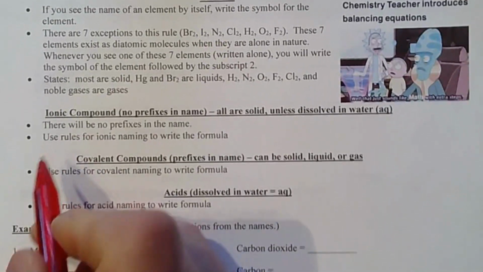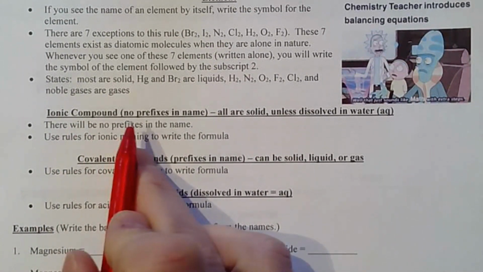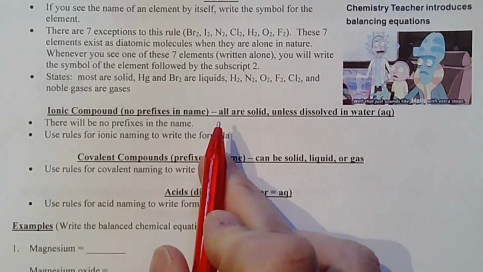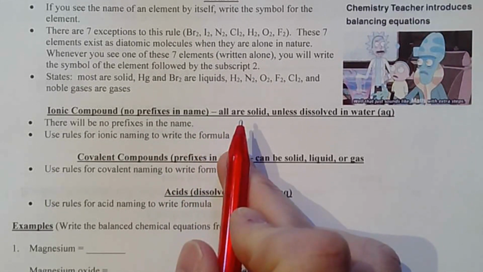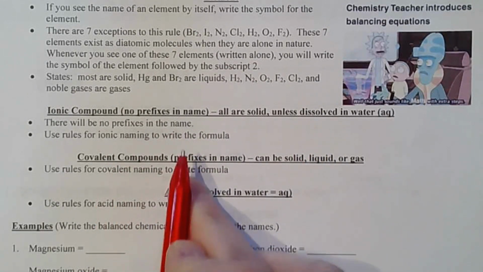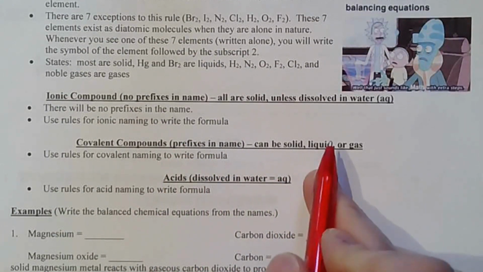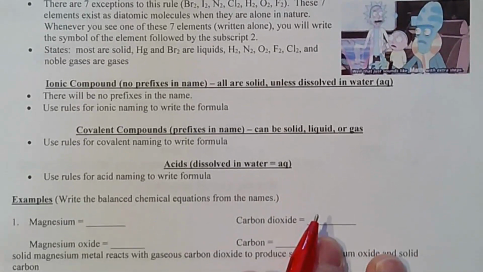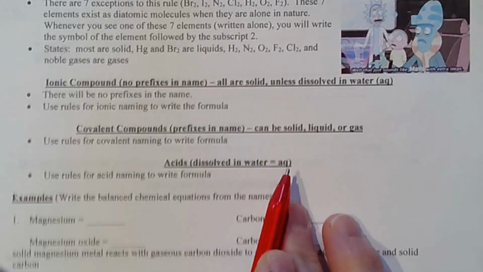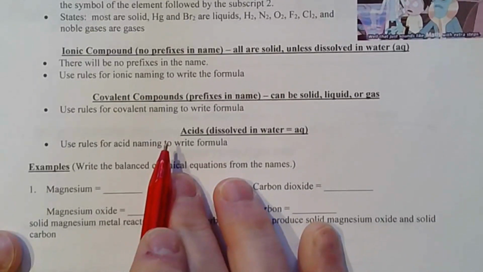And just a brief review of the naming. Remember, ionic compounds, no prefixes. Typically ionic compounds will be solid unless they're dissolved in water. Covalent compounds could be anything, solid, liquid, or gas. You'd have to be told that. And acids are typically dissolved in water, or aqueous. You use your acid naming rules too.